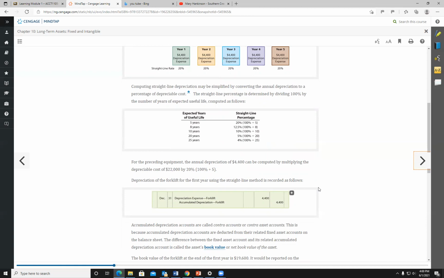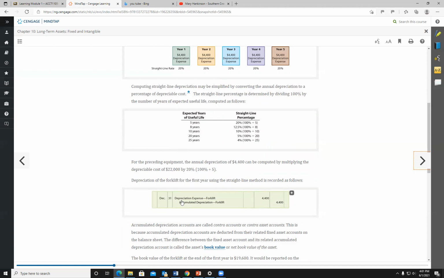So depreciation of the forklift for the first year using the straight line method will be recorded as follows. All right, so we talked about that it does not reduce your cash balance. Although we are recording an expense, we're not reducing our cash balance.